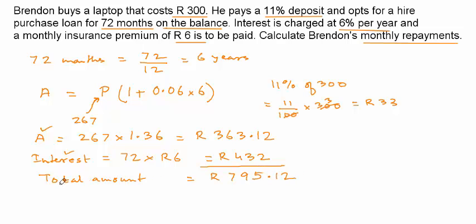And that has to be paid over a period of 72 months. Therefore, the monthly repayments is going to be all of that divided by 72, which is equal to 11.04 Rand per month.